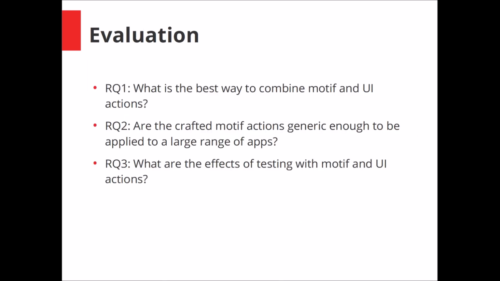We were interested in answering the following research questions. RQ1. What is the best way to combine motif and UI actions? That is, we want to find the best value for the parameter alpha that controls how likely motif actions are selected in favor of UI actions. RQ2. Are the crafted motif actions generic enough to be applied to a large range of apps?